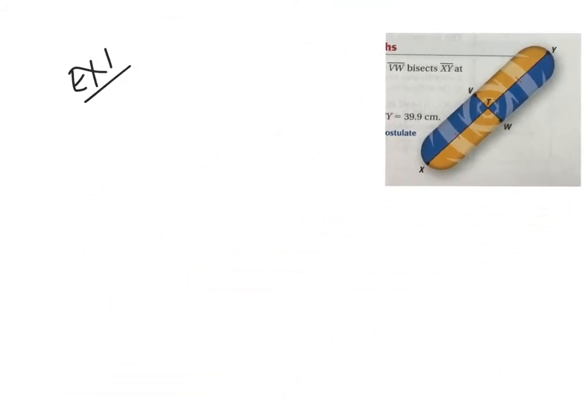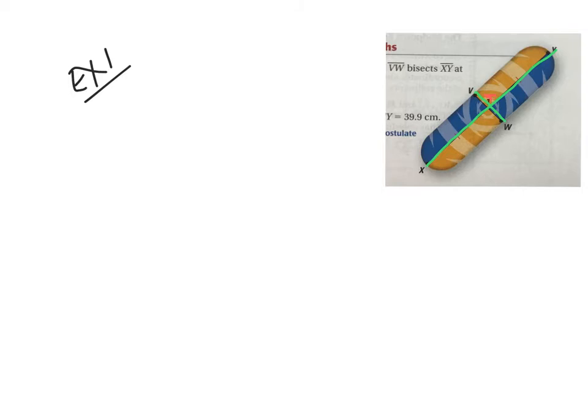All right, we have a picture of a skateboard here. In the skateboard design, you have segment VW. I'm going to highlight it here. VW, which bisects XY at point T. See how they have this labeled T? I know I kind of drew over top of it.